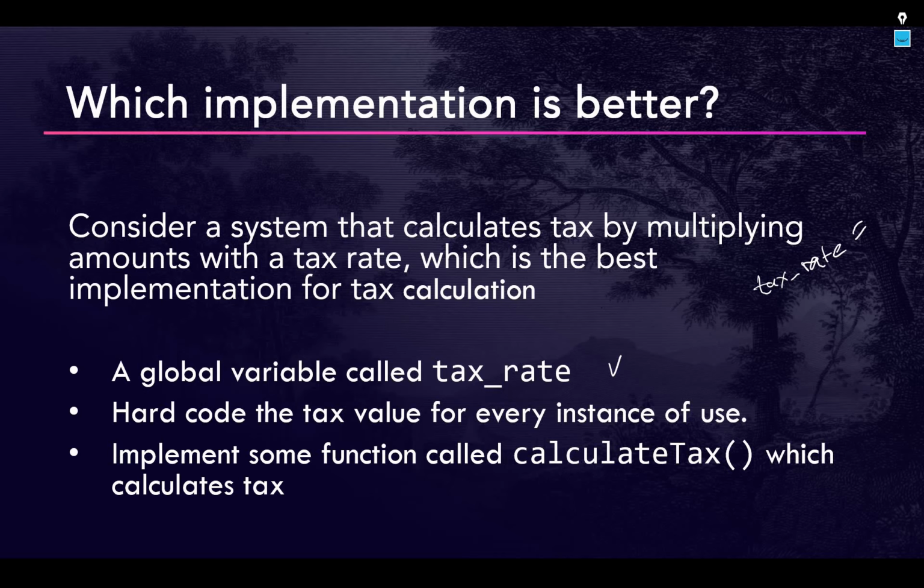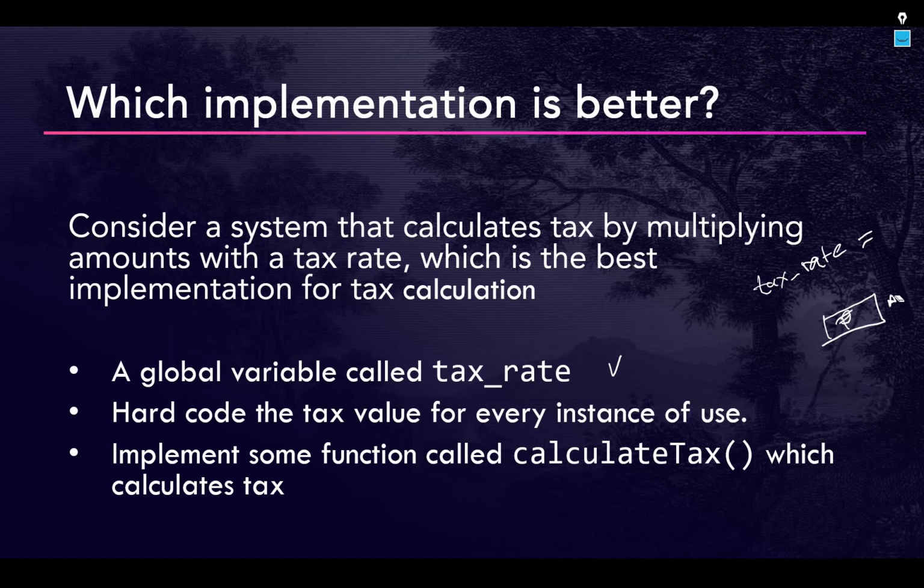This specific way of encapsulating is better than the previous one, but it still has issues. An issue that could come up, for example, is that you're assuming that the tax rate will be calculated by directly multiplying the tax rate with some amount of money, for example.